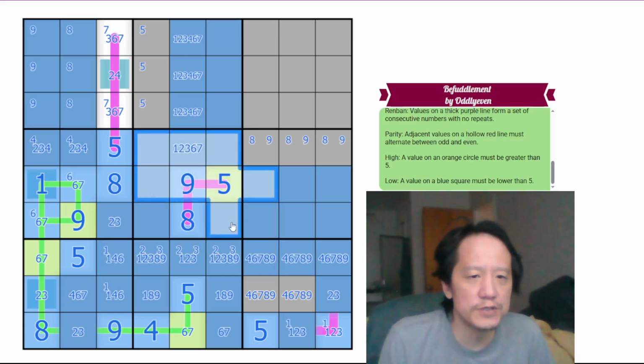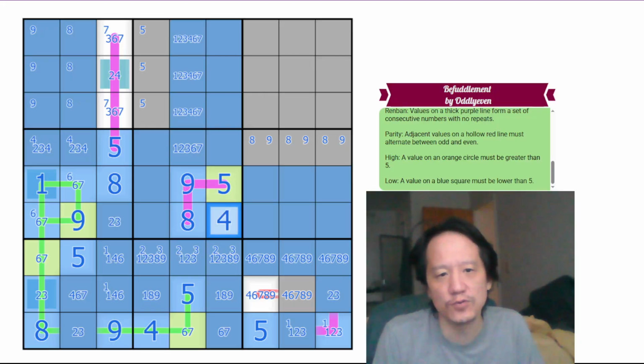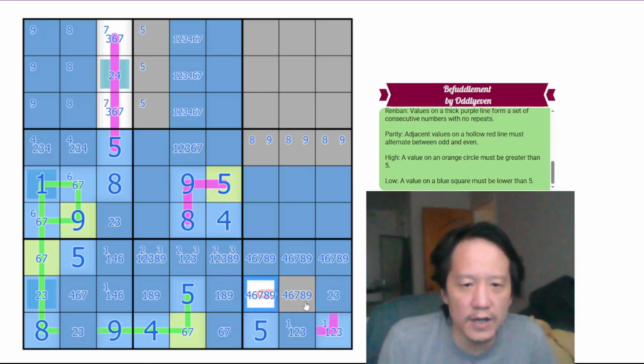Where is the 4 in the central box? Cannot be here because one of these must be 4 in row 4, and this can't be 4 because of 4 in the column, so this is a 4 here. That means this is a parity line. So one of these is odd. Which means, doesn't that guarantee that 7 is here? Oh, 9 could be here too.